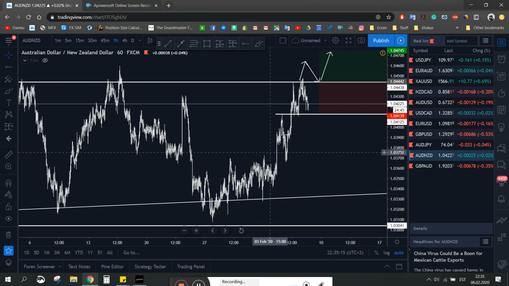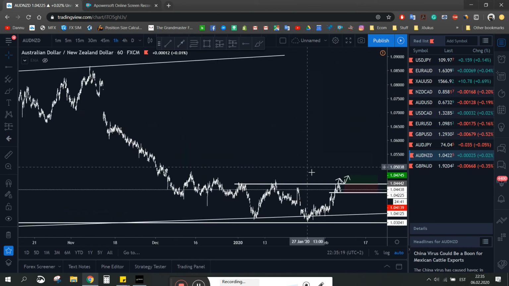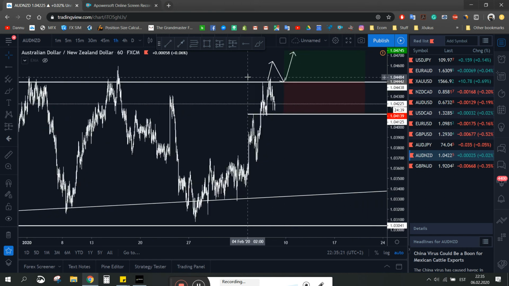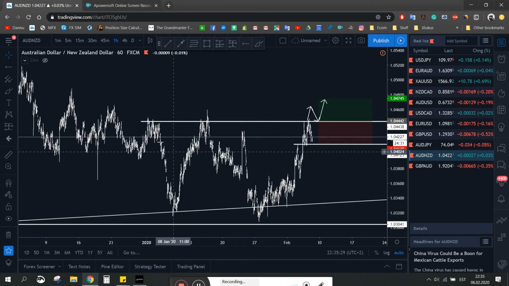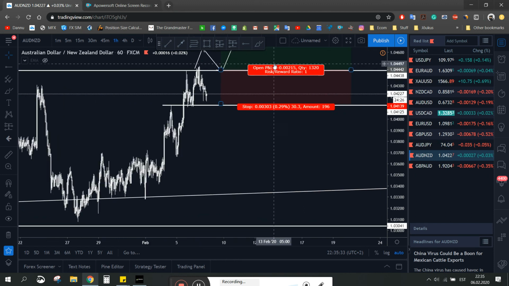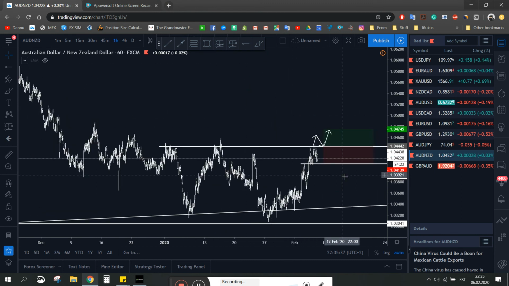In the 1 hour you can see it's going up. It's a recent major high, so it's tried several times to break it, hasn't succeeded. So I think I looked, but I didn't see any divergences either.